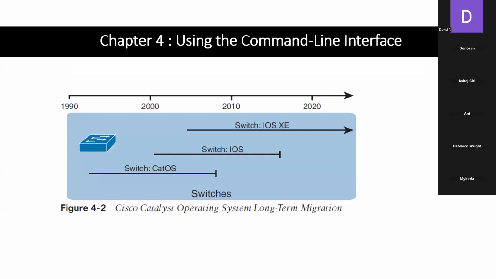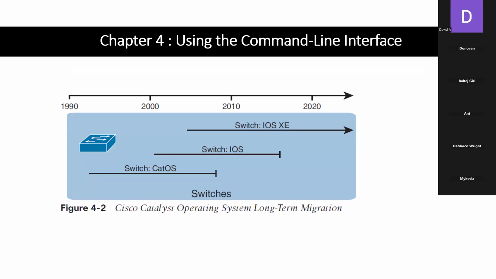The different types of operating systems for the Catalyst switches: it first started out as Cat OS. A lot of the old network engineers, you'll hear them talk about Cat OS and say, oh, it's the same. Which technically it is, to be fair. There have just been upgrades over time. Between 1990 and about the brink of 2010, Cat OS was used.